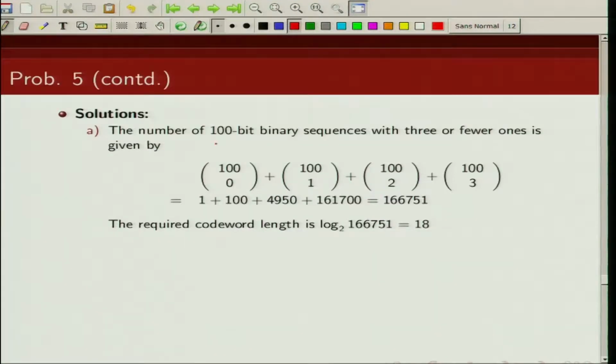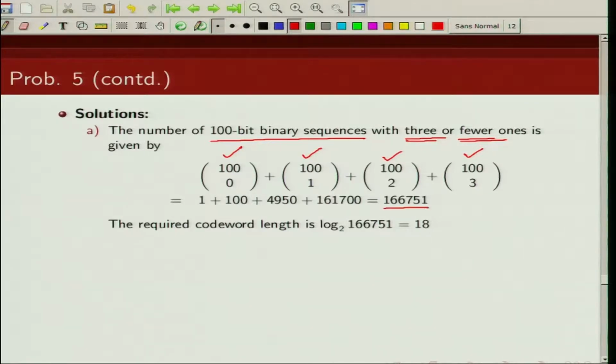So remember, we are considering these binary sequences 100 bits at a time. So what is the number of such sequences which has 3 or fewer ones? This is the number of sequences which have all zeros, this is the number of sequences which have 1 one, this is the number of sequences of length 100 which has 2 ones, and these are the number of sequences of length 100 which has 3 ones.